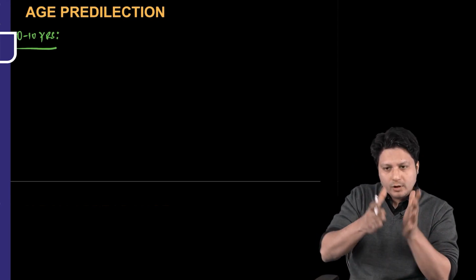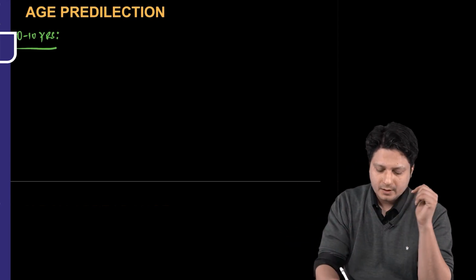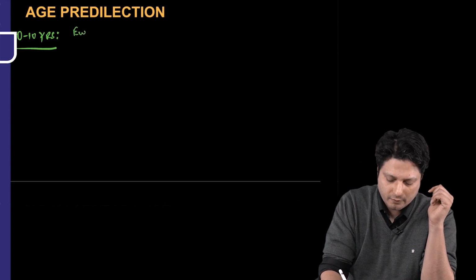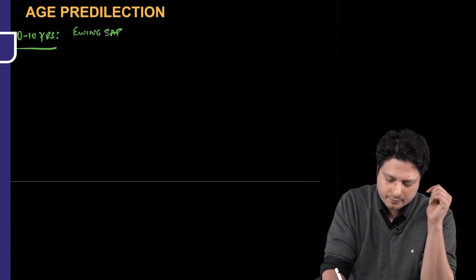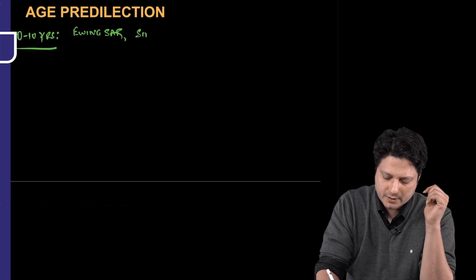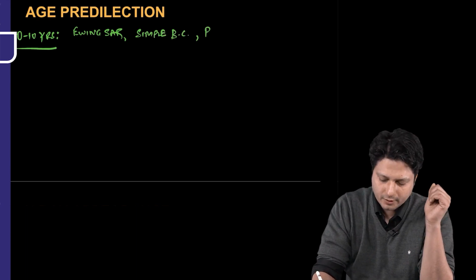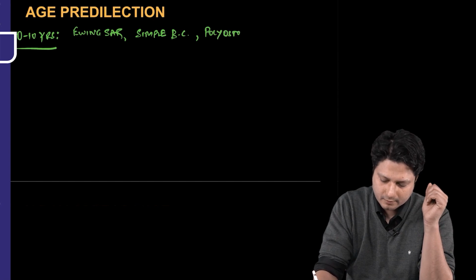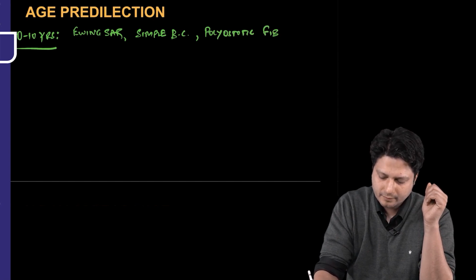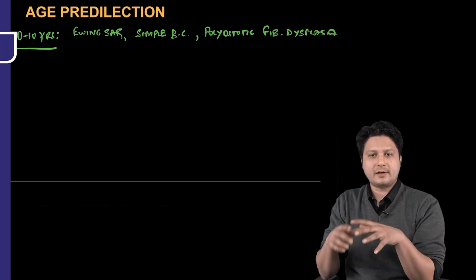All right. So what are the tumors that you have to consider? The tumors that you have to think of are Ewing sarcoma, simple bone cyst, and polyostotic fibrous dysplasia. All right. So these are the tumors that you have to think about.